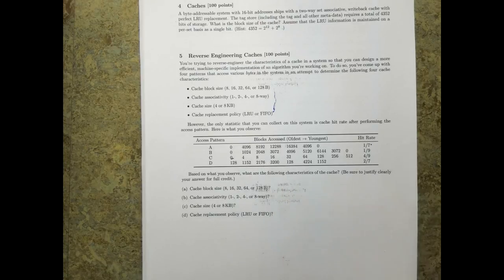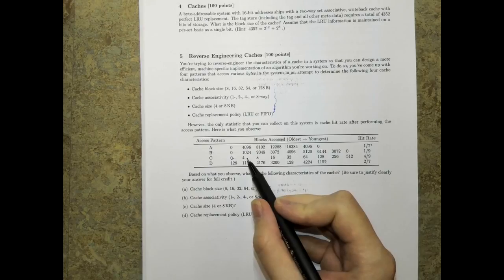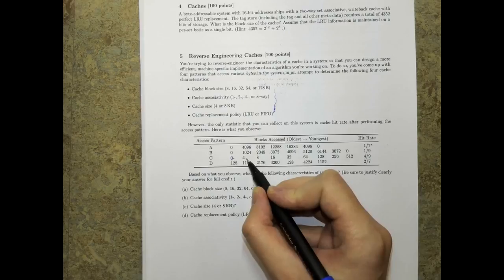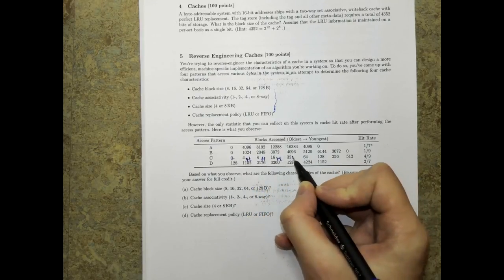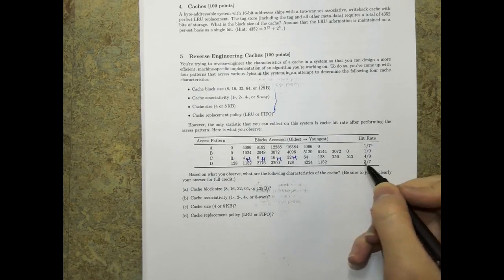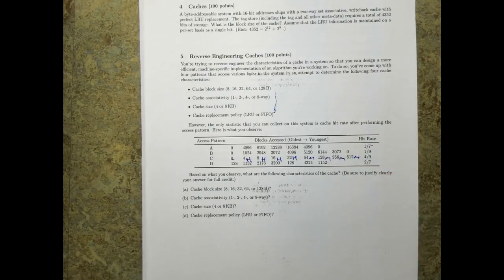Some of the addresses here should have hit, in order to get 4 out of 9 hit rate. If we assume this is a hit, this is a hit, this is a hit, and this is a hit, we get 4 hits. And if you assume the rest are misses, like this, we can easily say that cache block size is 64 bytes.